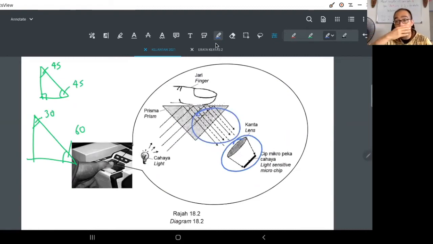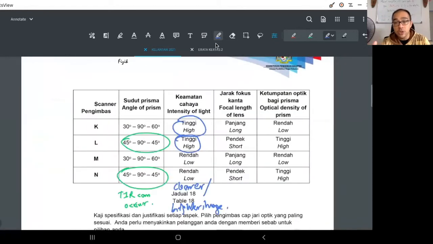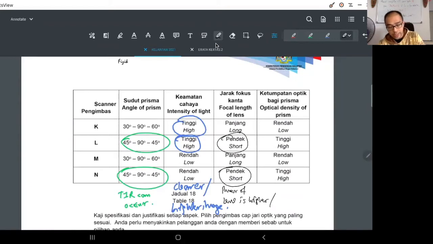So because of that, you will need a short focal length of the lens, because when you have a short focal length, two possible things. Number one, the power of the lens is higher, or secondly, if you don't want to use a high power of lens, you can get a bigger image.